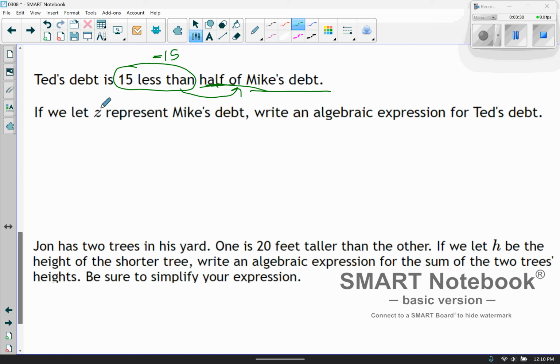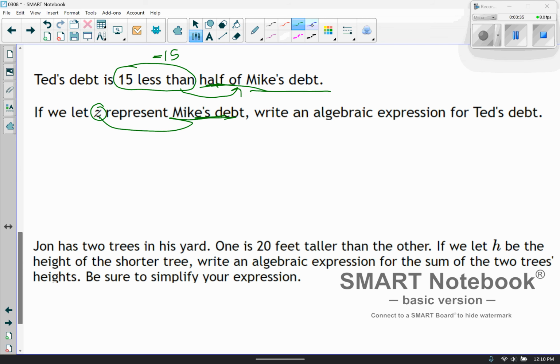So if we're going to let Z represent Mike's debt right here, and we're going to write an algebraic expression for Ted's debt. So Ted's debt is going to be 15 less than half of whatever Mike's debt is. Well, Mike's debt is Z, and Ted's debt is 15 less than half of that. So we're going to subtract 15 from half of whatever Mike's debt was, and that's where we get this expression.